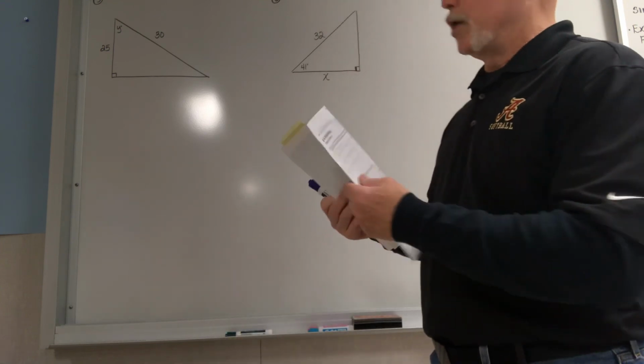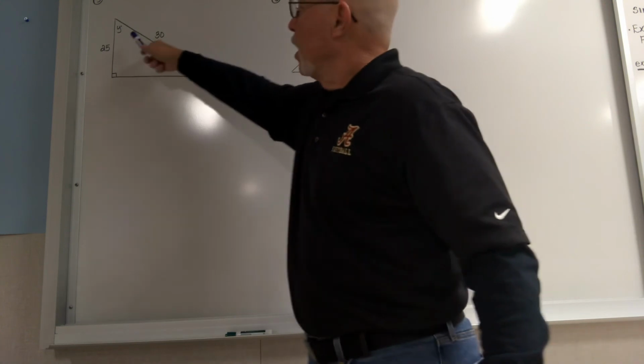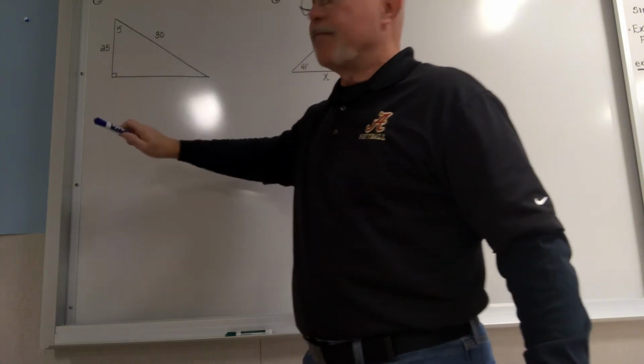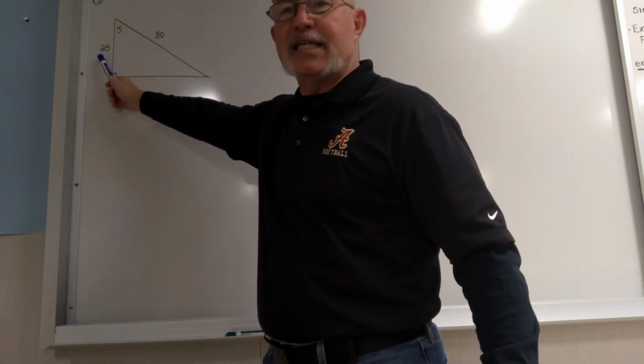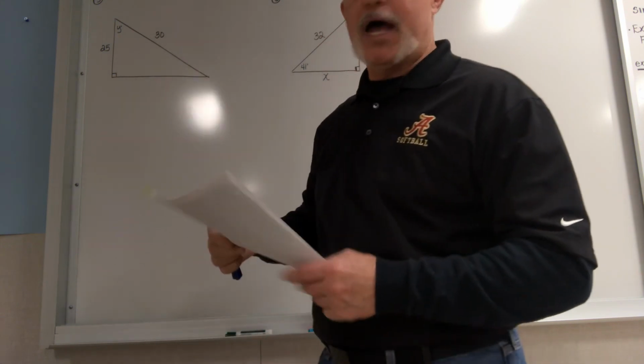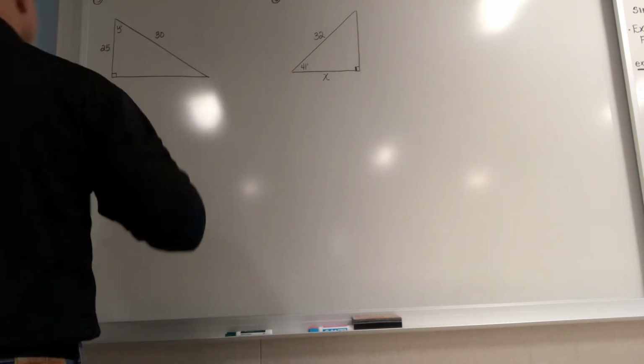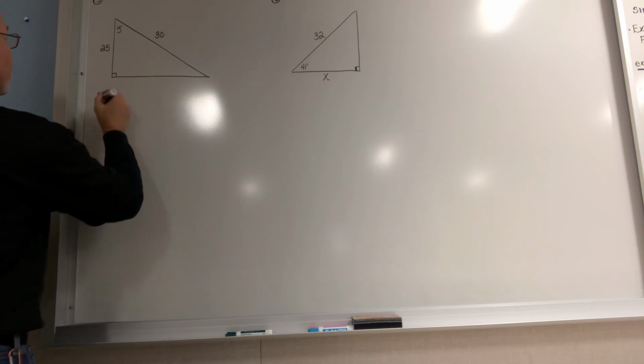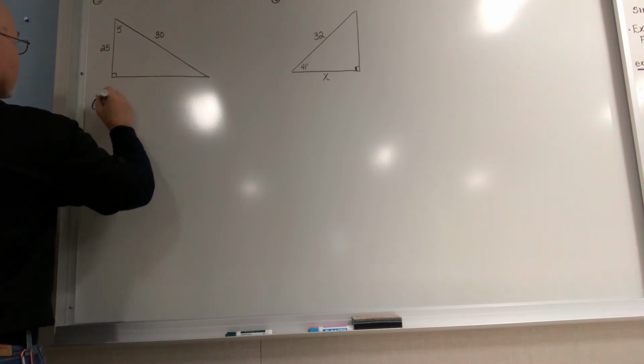So here we go. On this one, okay, I need to find an angle. I have the adjacent leg. I have the hypotenuse. Okay. That's a cosine problem.